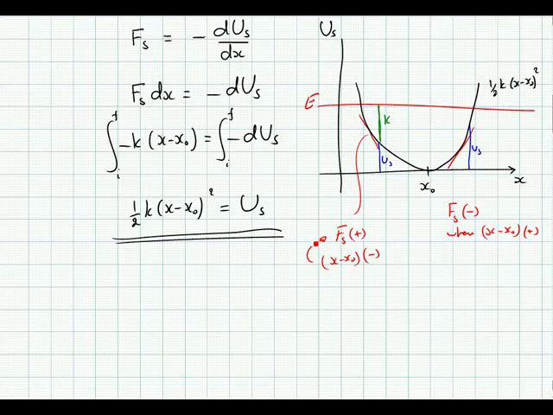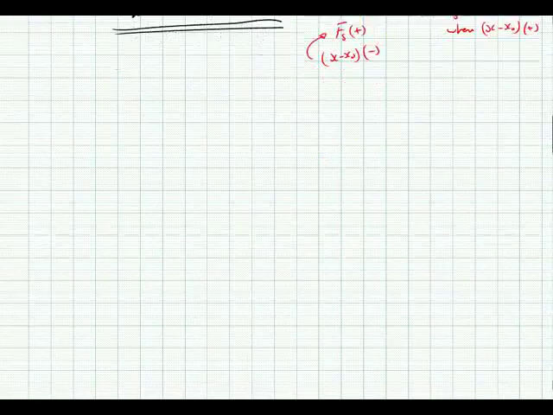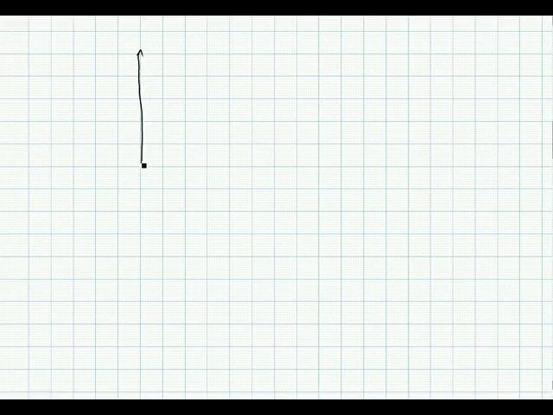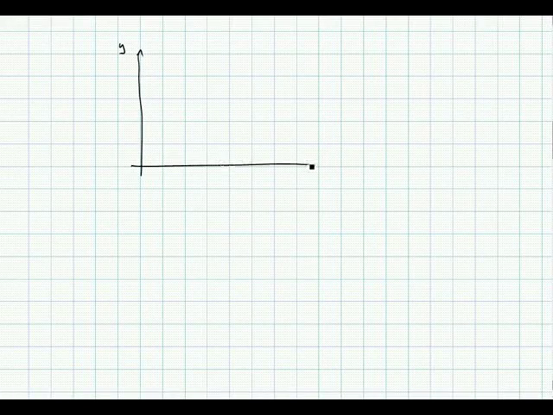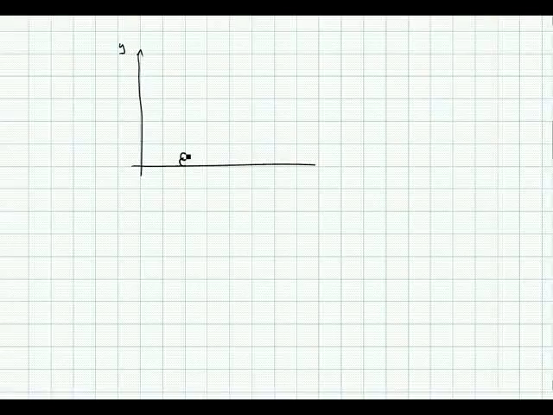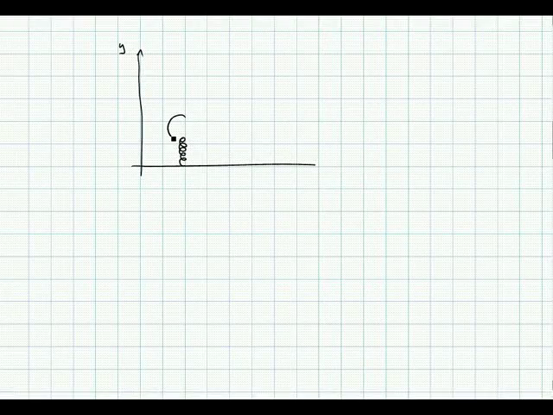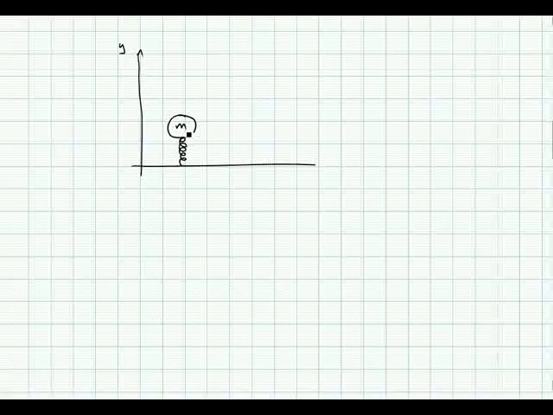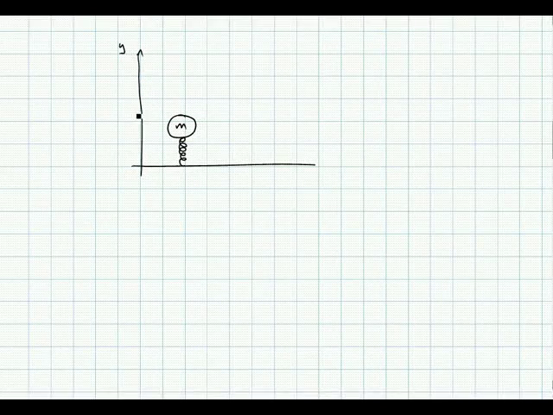Now if you have an object resting on a spring in the vertical direction, so this is our y direction, and we have an object M compressing a spring.